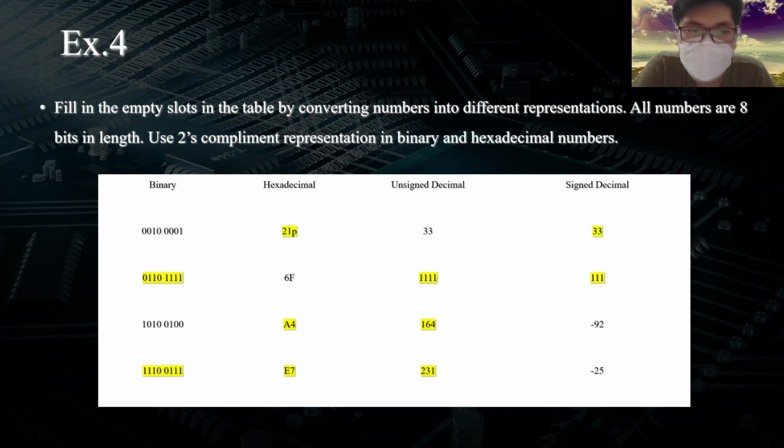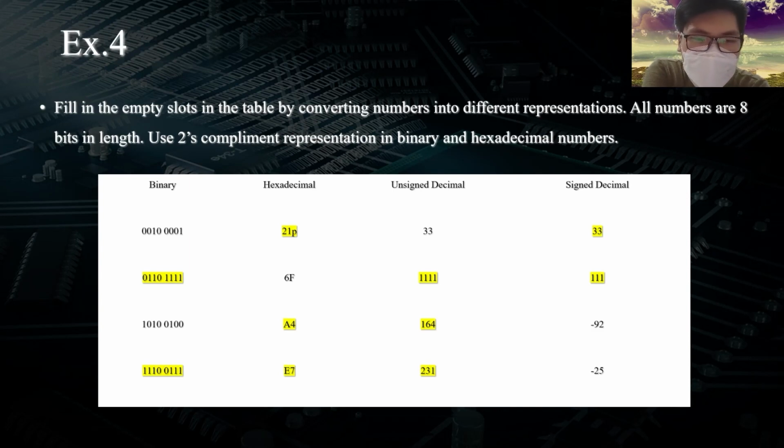So in the first row, we can convert the binary number 00100001 to hexadecimal, which is 21, and to signed decimal, which is 33.